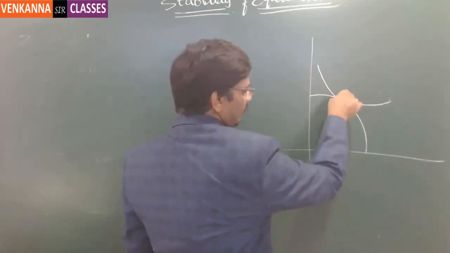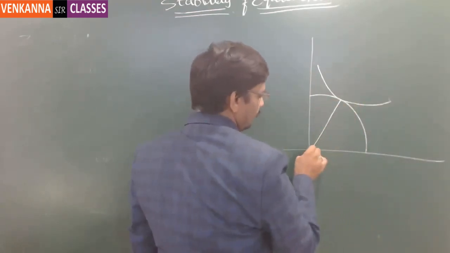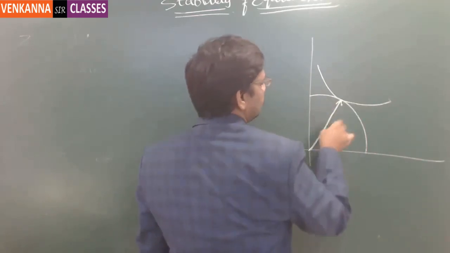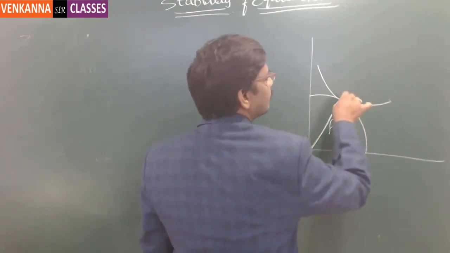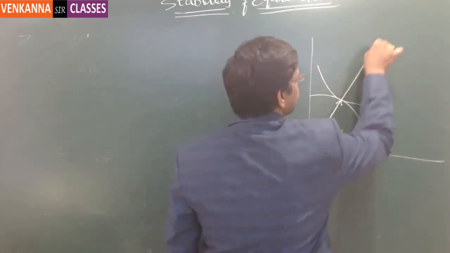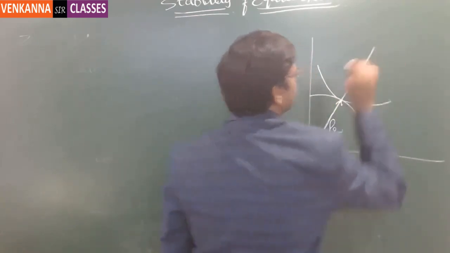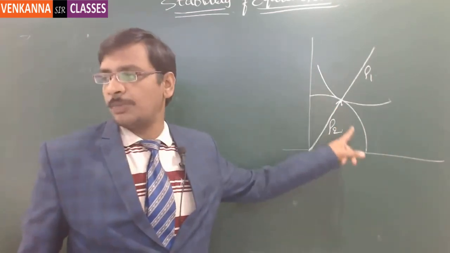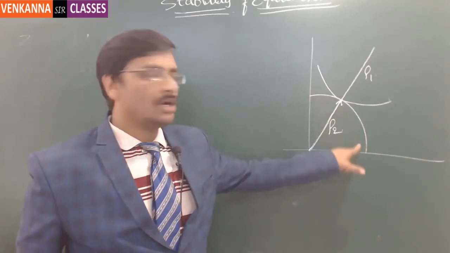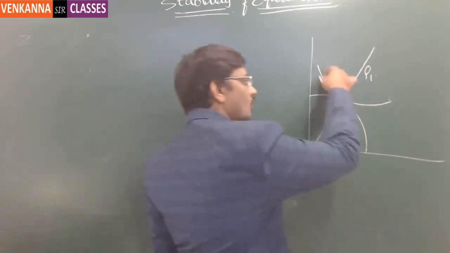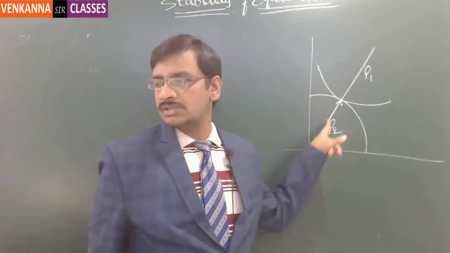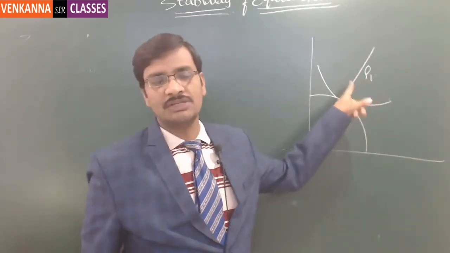Let us say the radius of curvature of the first body, I call this second, so this is rho 2, and the radius of curvature for this one is rho 1. I have just drawn a portion of the body. There is one body like this, and one more body on top of it, and the radius of curvature for the bottom body is rho 2, and for the top body it is rho 1.